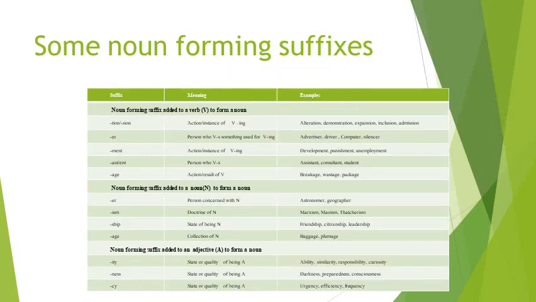We have the suffix er. It refers to a person who is concerned with a thing. So in astronomy, if we add er to it, it gives us astronomer. Take the word geography. If we add er to it, it gives us geographer. Ism is also the doctrine of something, doctrine of a noun.